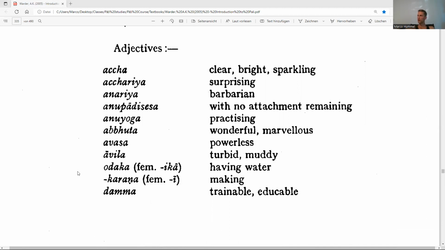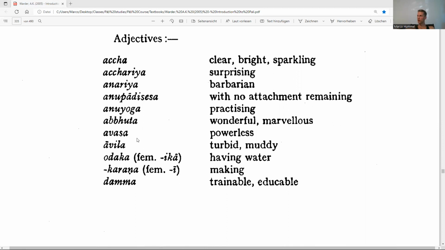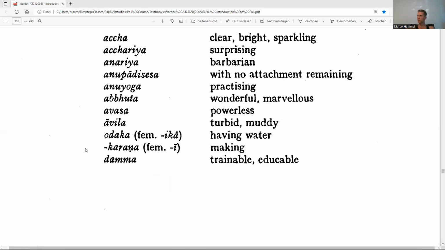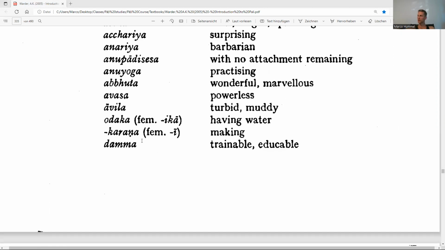Anariya, barbarian. Anupadisesa, with no attachment remaining. Anuyoga, practicing. Abbhuta, wonderful or marvelous. Avasa, powerless. Avila, turbid or muddy. Odaka, or its feminine odika, having water. Karana and karani, making.